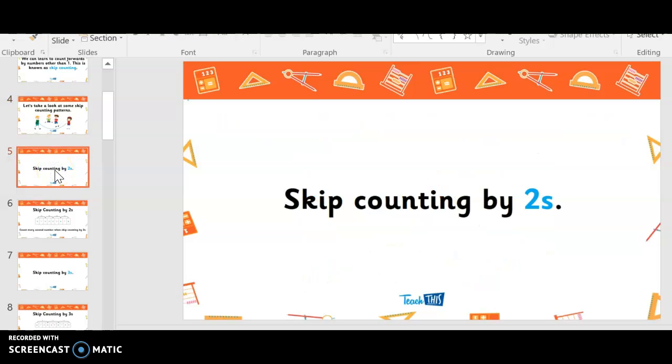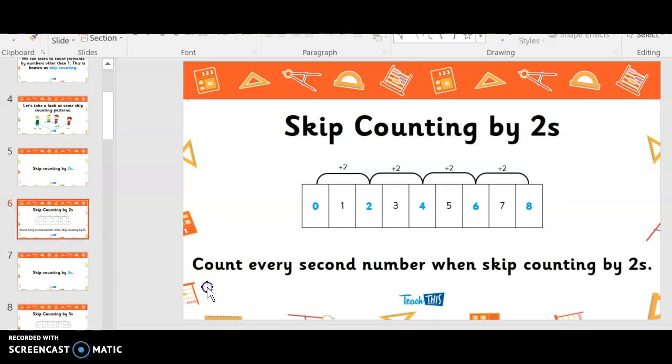Skip counting by 2s. Count every second number. So if you start at 0, you skip the number next to it and you land on this number. So if you start at 0, skip over 1 and you land on 2.